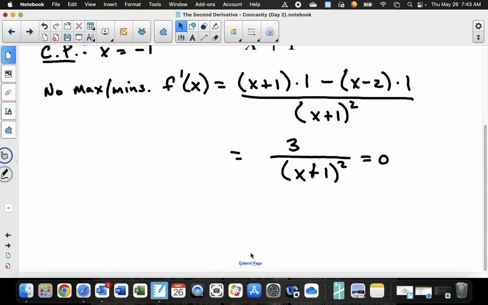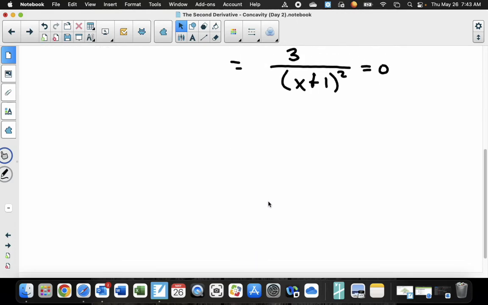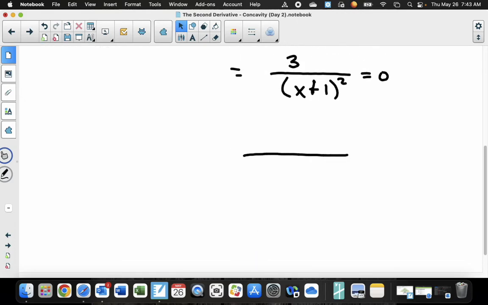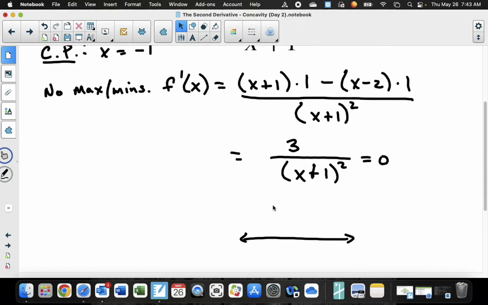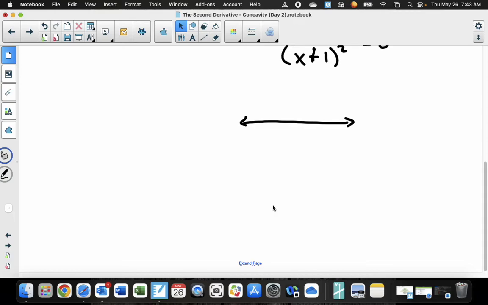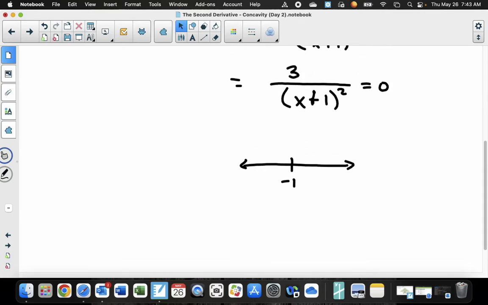That's where we're going to go through and do our little sign test. So in this case, if we do our number line, I say -1 or 1? -1, right? Yeah. So we have -1, and we have to plug values into our derivative just to see positive, negative, increasing, decreasing, that kind of stuff. So let's say I take -2, and we don't even necessarily need a number, because if you think about it, the numerator is always positive, it's always 3.